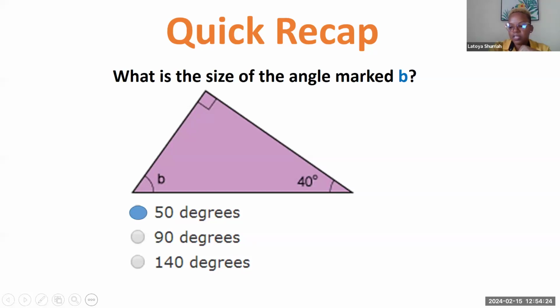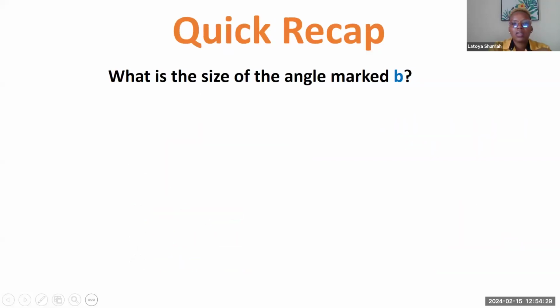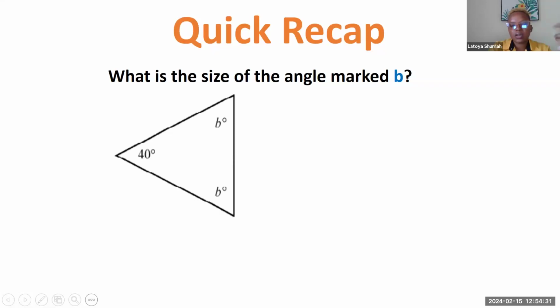And I see some of you in the chat had that same explanation. Awesome sauce. What about B? We know this, come on, tell me quick. I'm not even going to ask you how you get it. Just give me the value for B real quick.